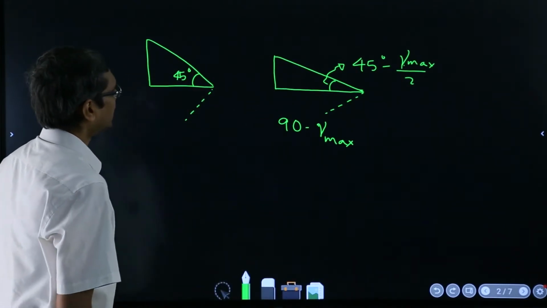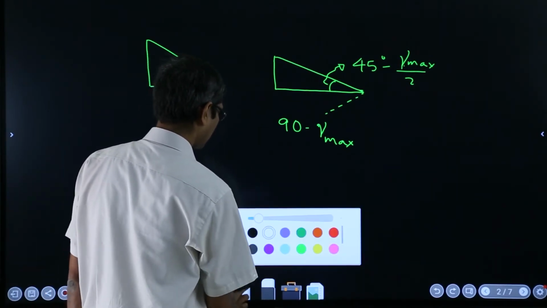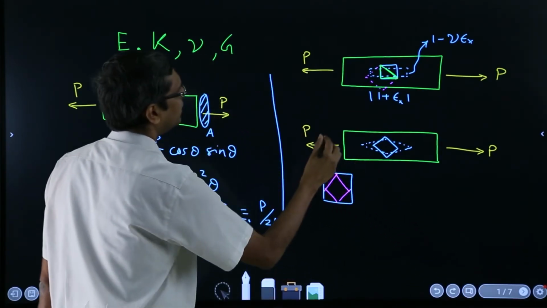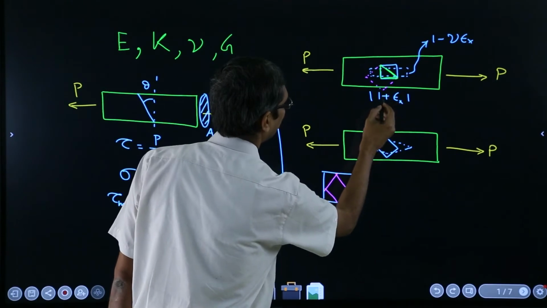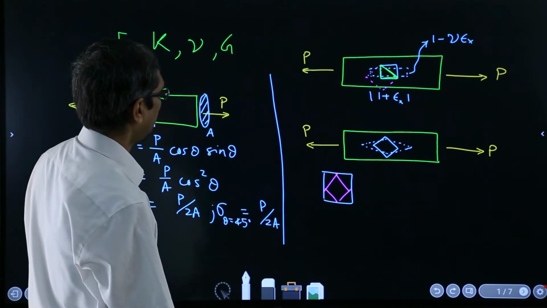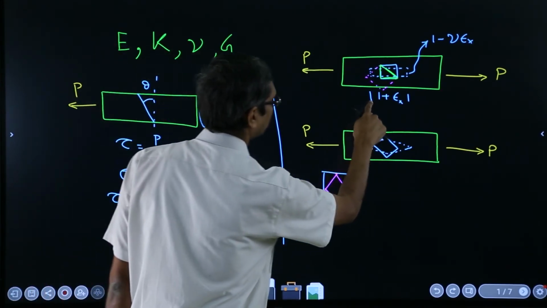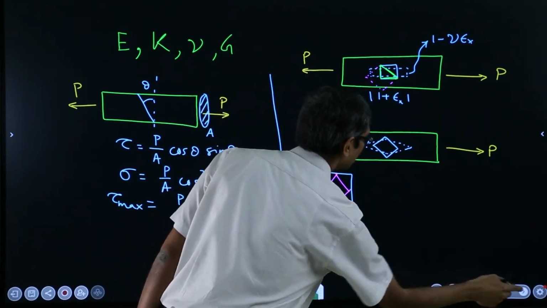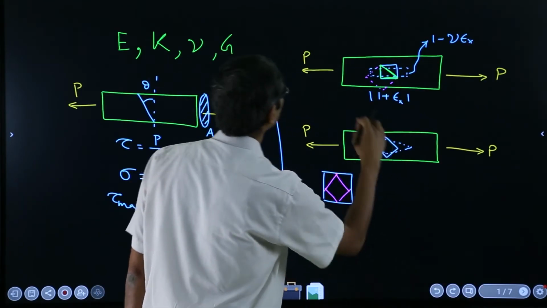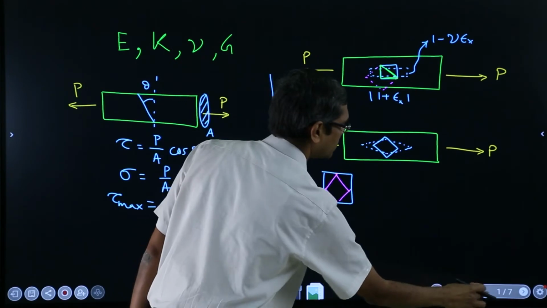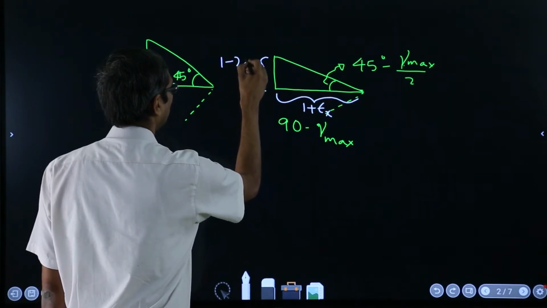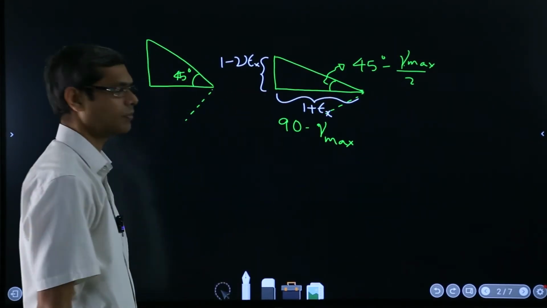fine. But now what are these lengths? These new lengths we have shown here to be what? This length has become 1 plus epsilon x, right? The new length has become 1 plus epsilon x. And this height has become 1 minus nu epsilon x. Okay.